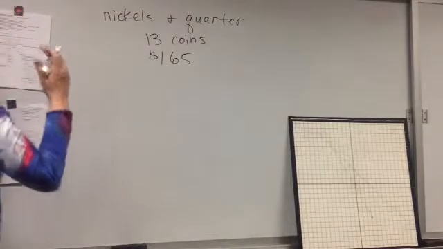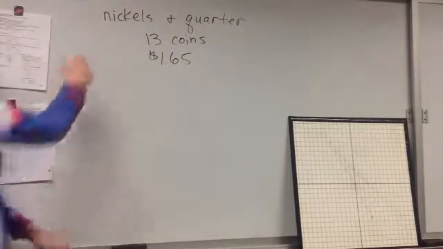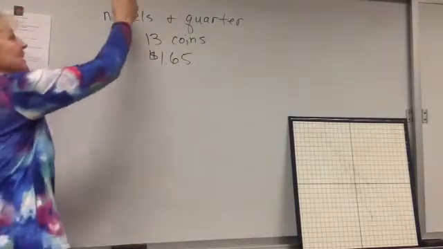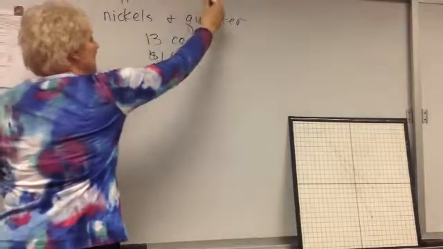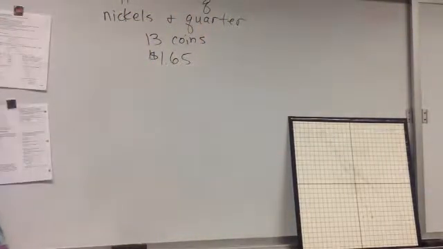Now, I suggest that you always use the variable that stands for the money instead of x and y. Because then when you're done, instead of getting x equals nickels, if you have n equals, you'll know it's nickels. If you have q equals, you'll know it's quarters.